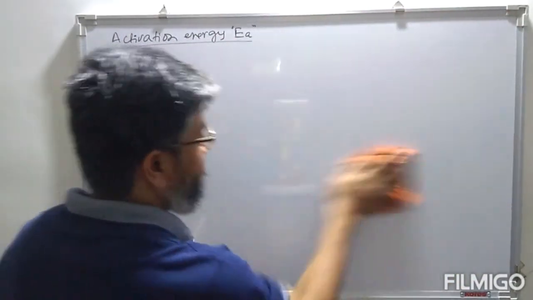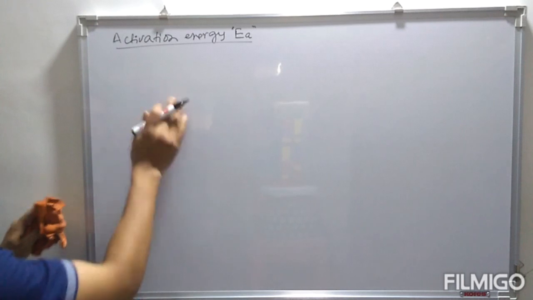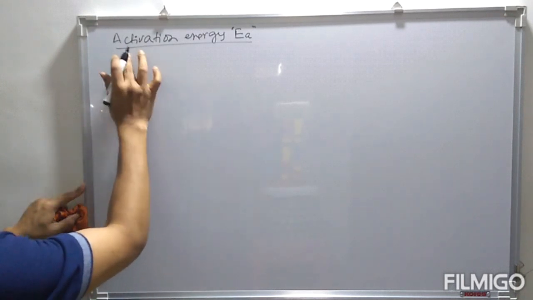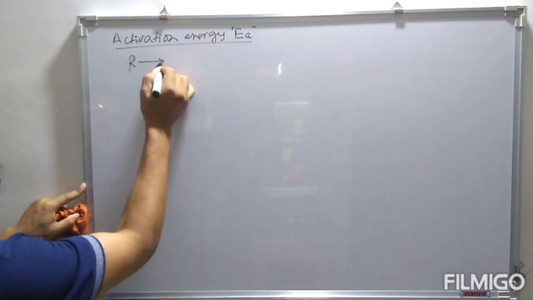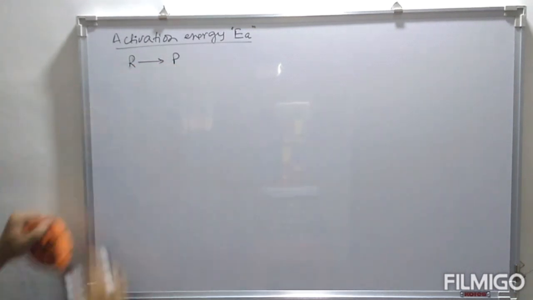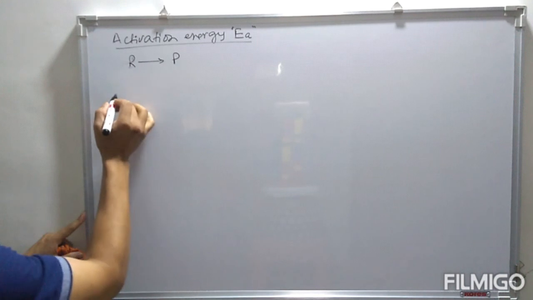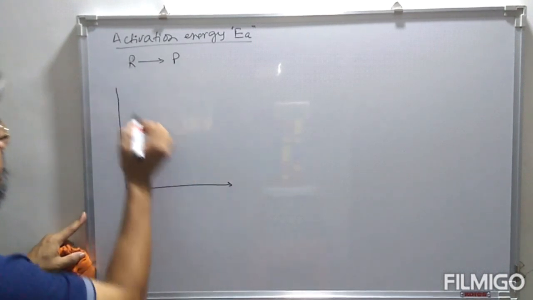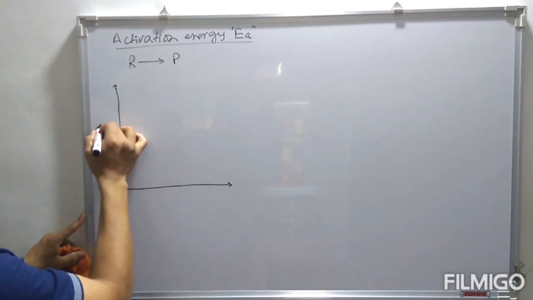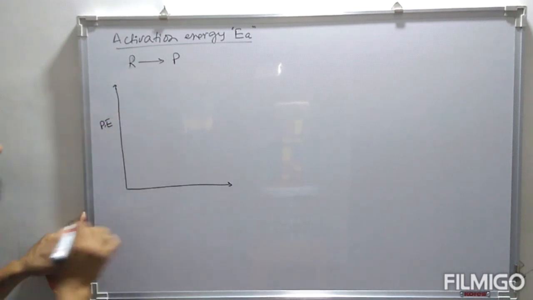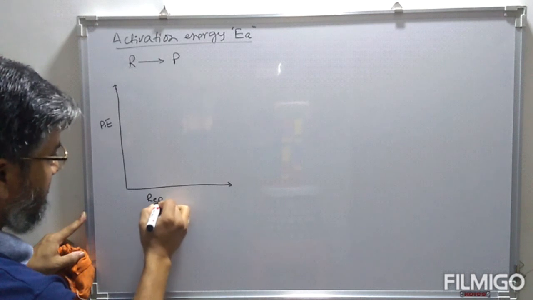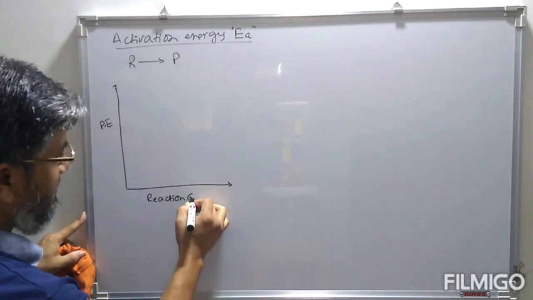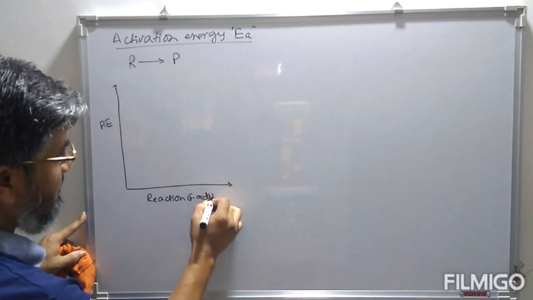Now look at this. So we have a reaction here: the reactant R changing into product P. The energy graph: this is the potential energy, this is the reaction coordinate, that is the progression of reaction coordinate.